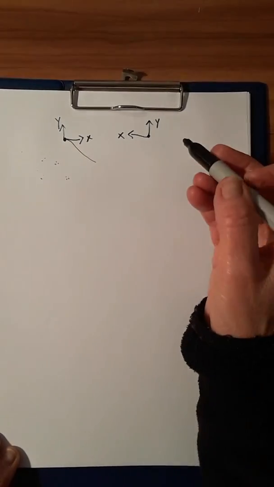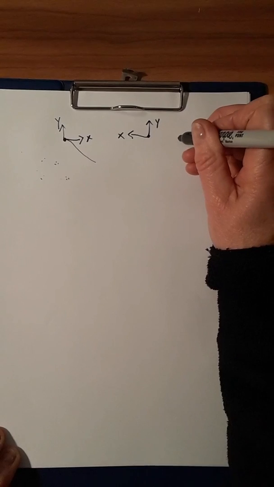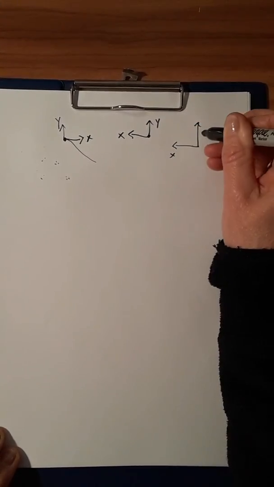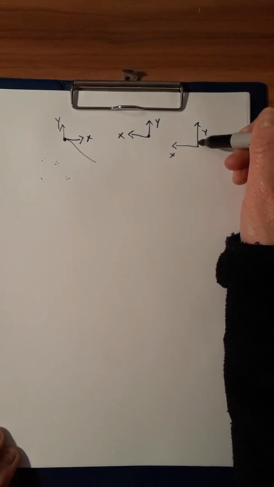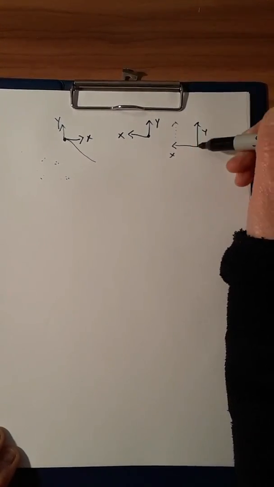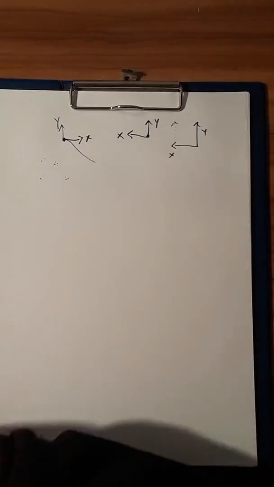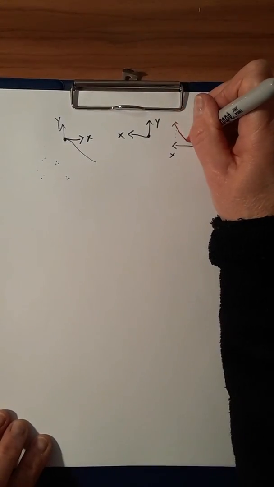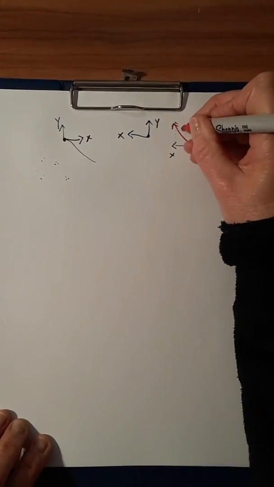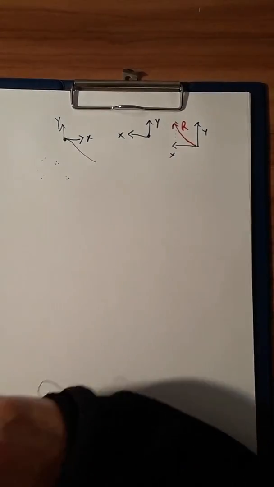Okay, so what we have is force X, force Y. If I were to move this force over here, this is where I started and that's where I finished, this is the one I'm interested in. This is the resultant. So that's what I really want to find.